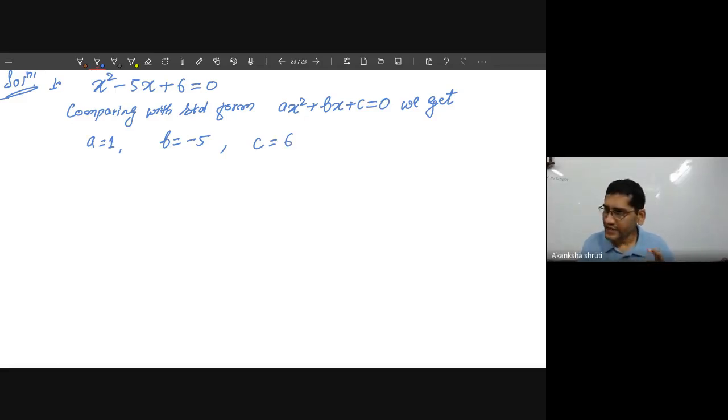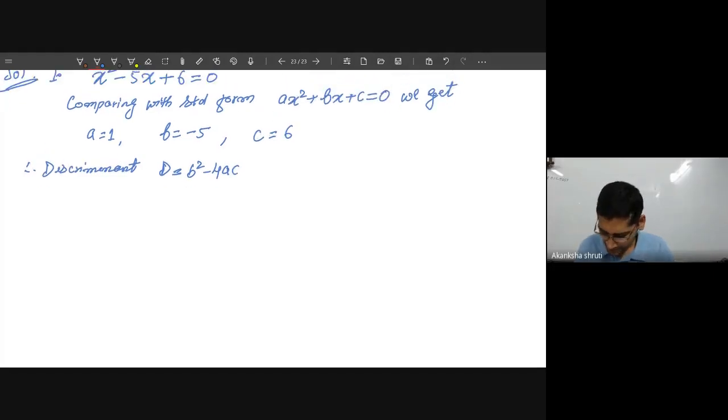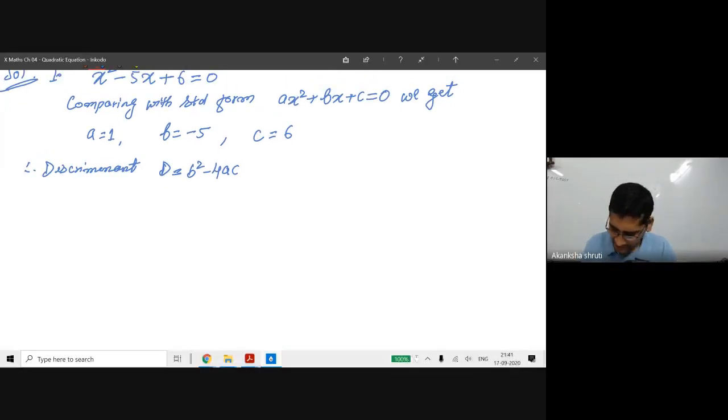Now for the nature of roots, for such kind of calculation, the first thing is to calculate D, the discriminant. D is equal to b square minus 4ac. Student, this is the formula I have written, but how to calculate this?